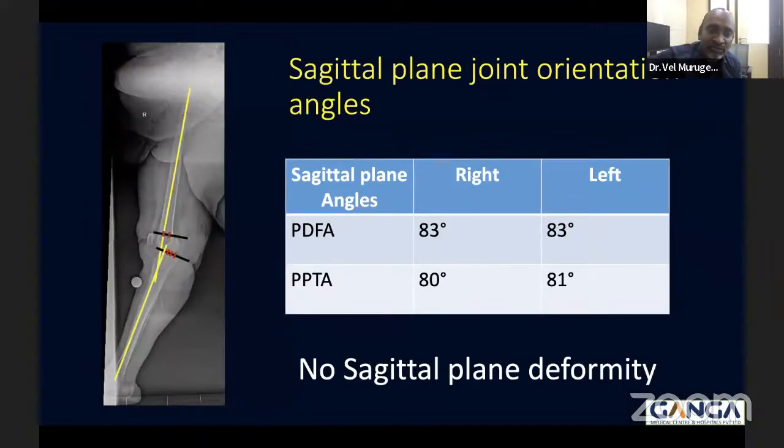We also measured the sagittal joint orientation angles, and those in both the femur and tibia were normal on both sides. So there was no sagittal plane deformity; it was purely a frontal plane deformity.